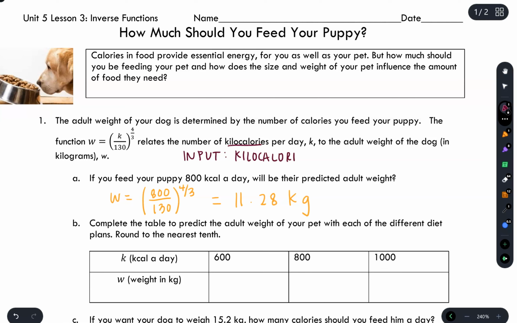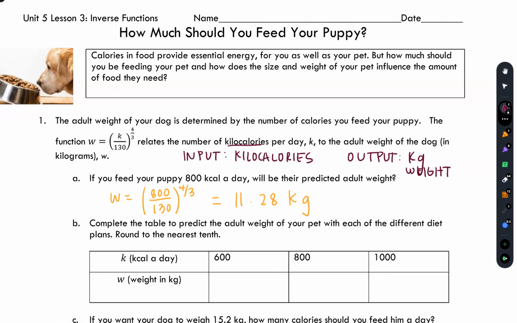And then the output is going to be what? Good deal. Is everybody good with that? The output is going to be the weight of the dog at adult. So the weight is a function of kilocalories fed. So what about B?